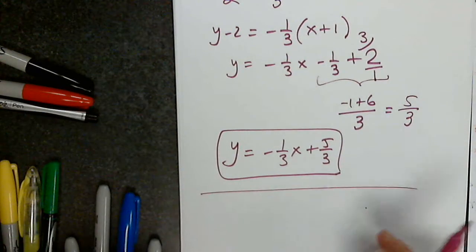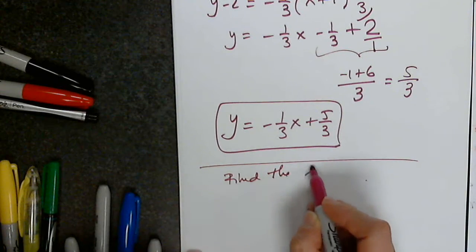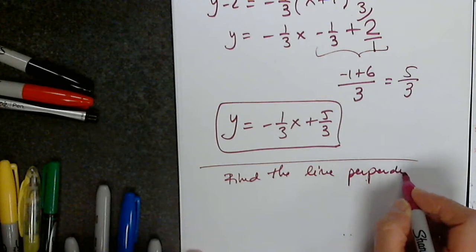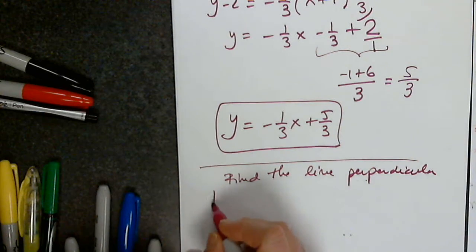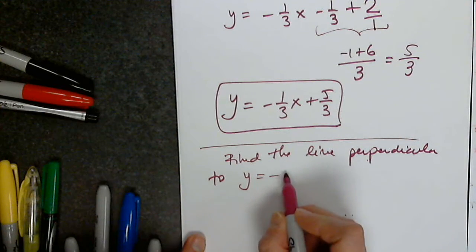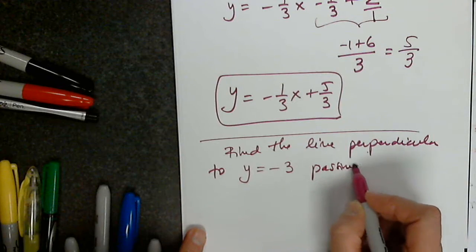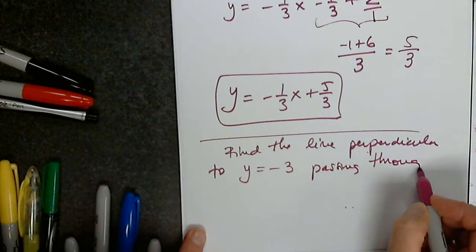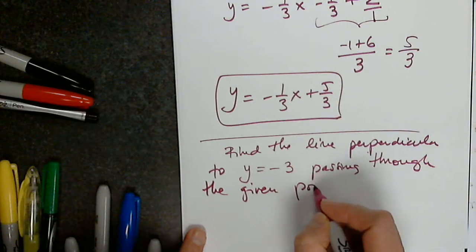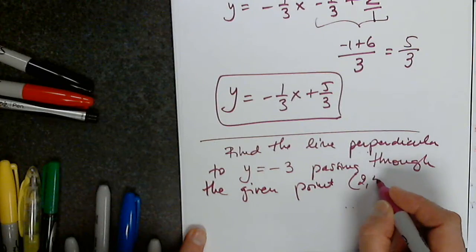So let's say find the line perpendicular to y equals -3, passing through the given point 2, 5.